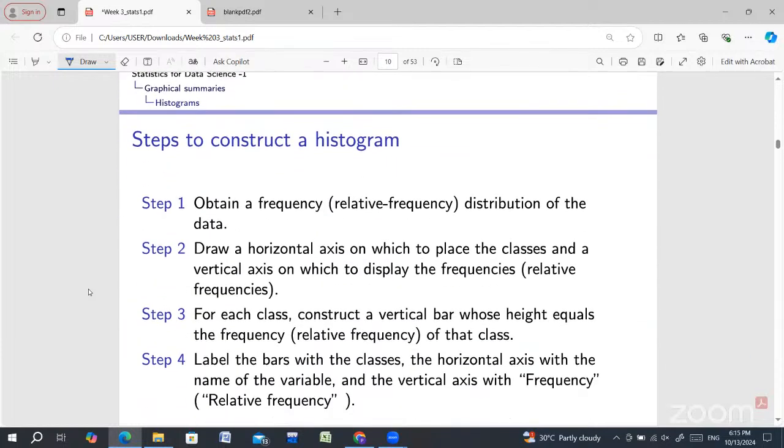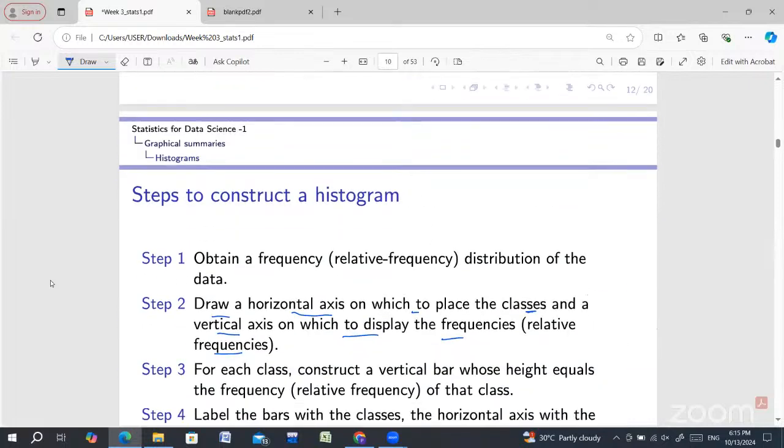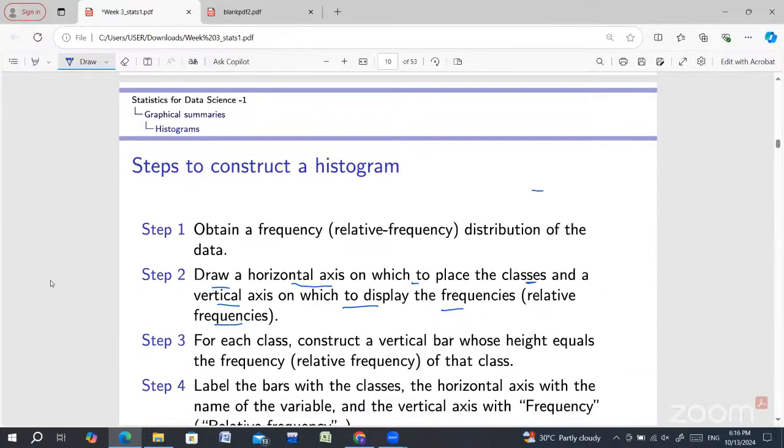Then in the next step, draw a horizontal axis on which to place the classes, and a vertical axis which displays the frequency or relative frequency. We will see it in the example next. So on the x-axis, we represent our classes, like 10, 20, 30, 40 in this way. And on the y-axis, we represent the frequency or relative frequency.